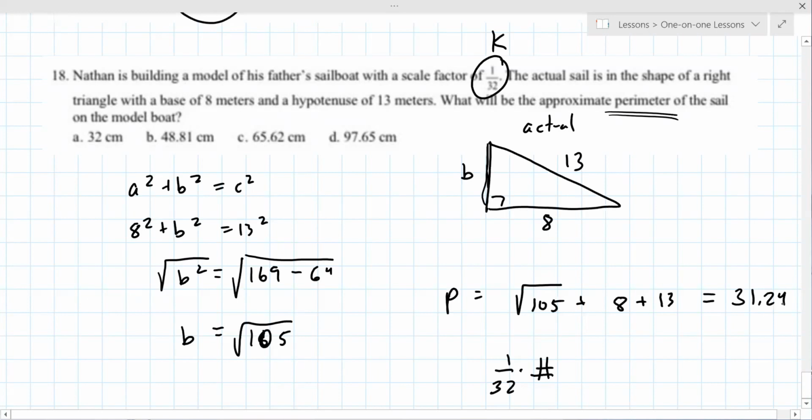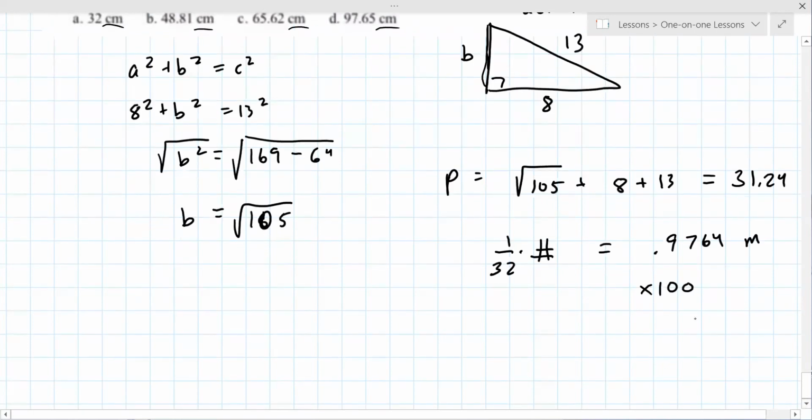So when you multiply by 1 over 32, you get 0.9764, but that's in meters, and all these answers are in centimeters. So you have to multiply by 100 to get to centimeters. So it's 97.64 centimeters, or 97.65.